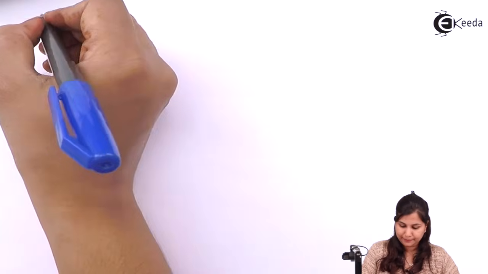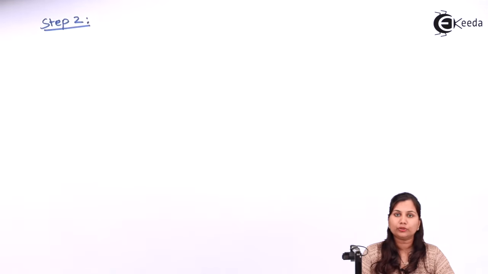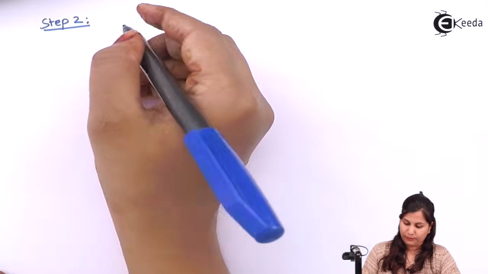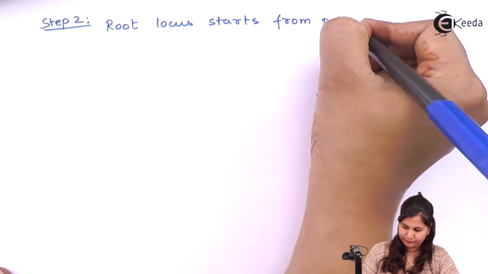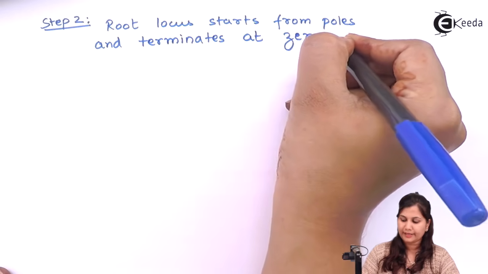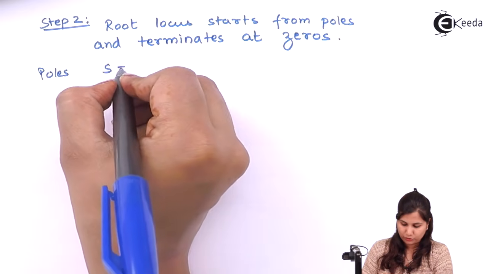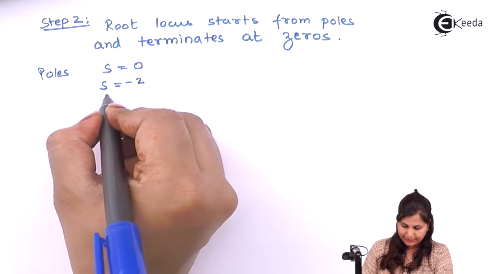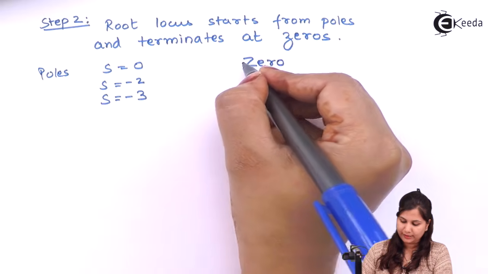Now the second step is the starting and the ending point of the root locus. The root locus starts from the poles and terminates at the zeros. Here we have 3 poles, s equals 0, s equals -2 and s equals -3, and we do not have any zeros.